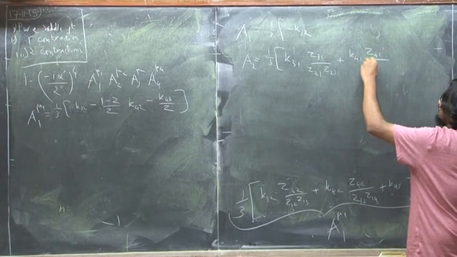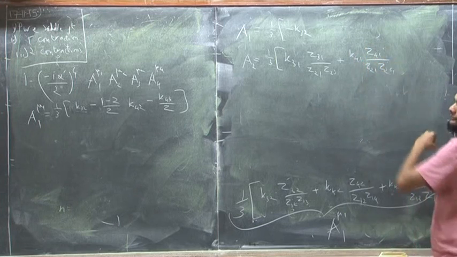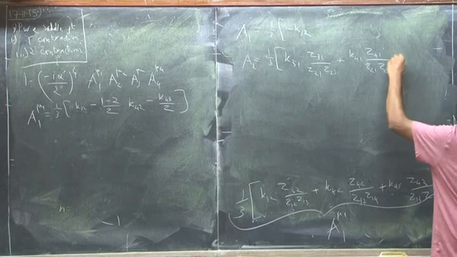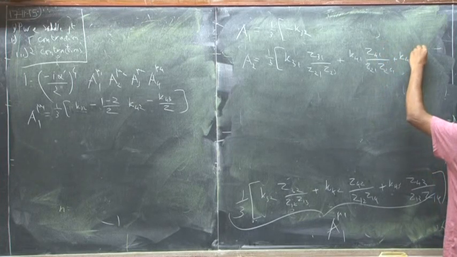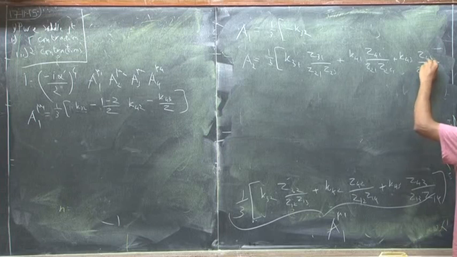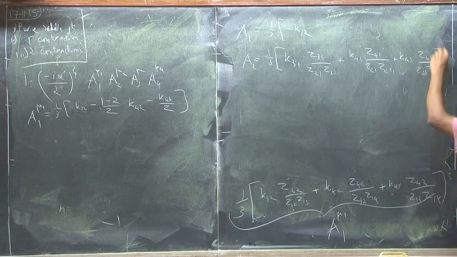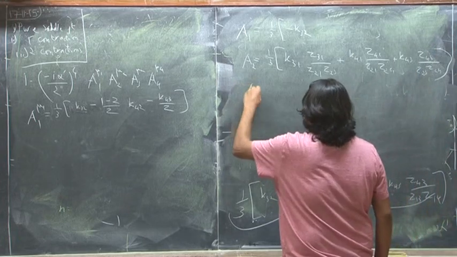Is it clear to everyone why the algorithm works? K23, Z23, Z23, Z24. Right. I'll also write down A3 because this is an empty one.